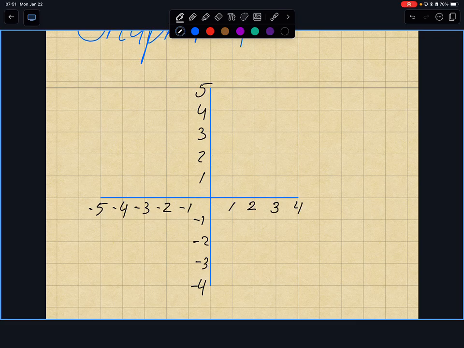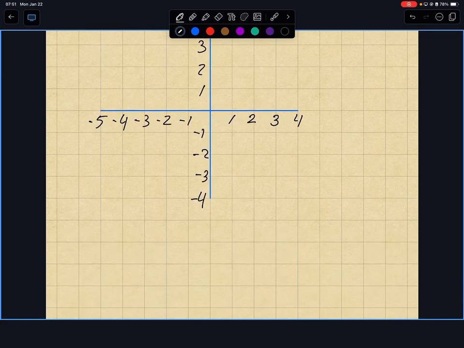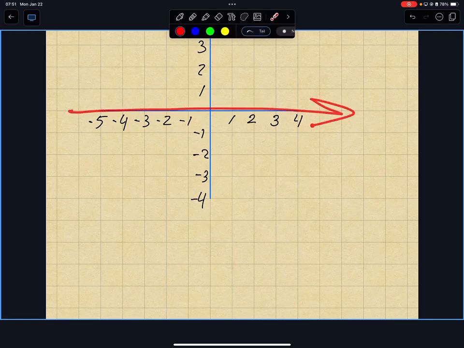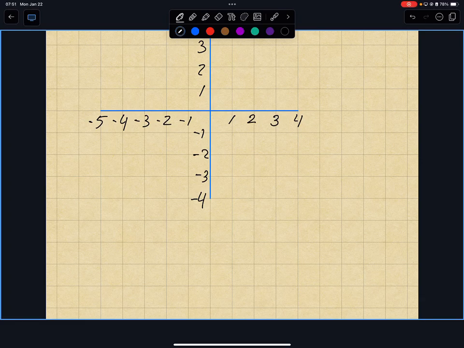So, you have drawn this graph. On the horizontal axis, this is horizontal, you always name it the x-axis.